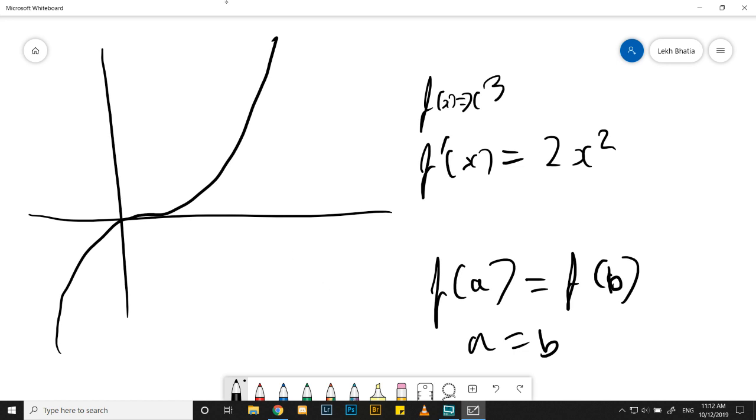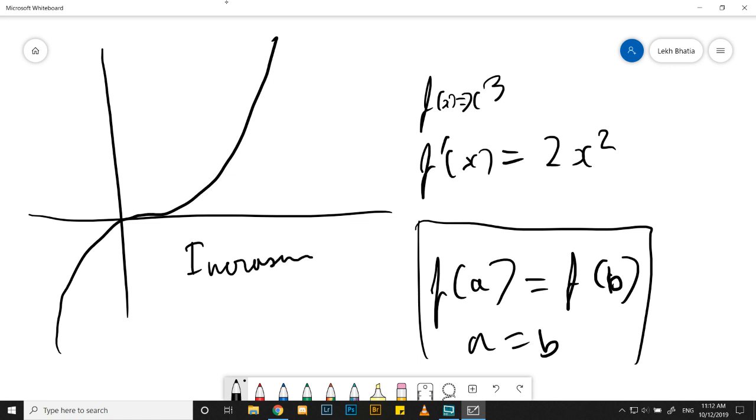So if the y value for a and the y value for b are the same, that must mean a is equal to b. If you can show this, you also show it's always increasing, and the same way for always decreasing. So this is how you would check if it's always increasing or always decreasing. Another word for this is a monotonic function.